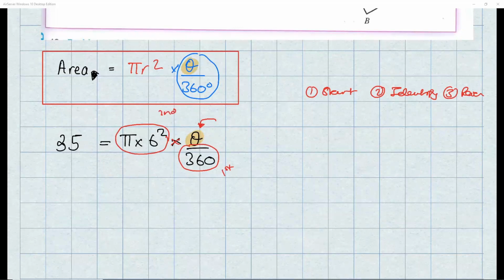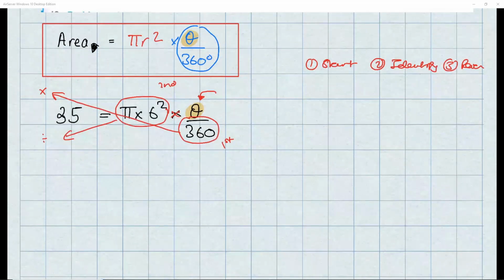Now in order for us to make theta the subject, I need to move the actions in the reverse order to what you've identified. So which one should we move first? Pi r squared. Lovely. So opposite of timesing is? Divide. Which is on the bottom, and the opposite of dividing on the bottom is what on the top? Timesing.